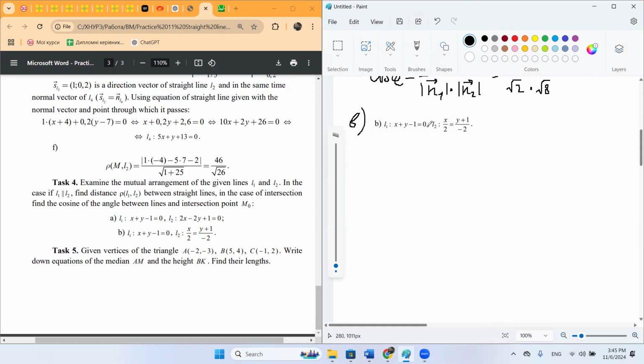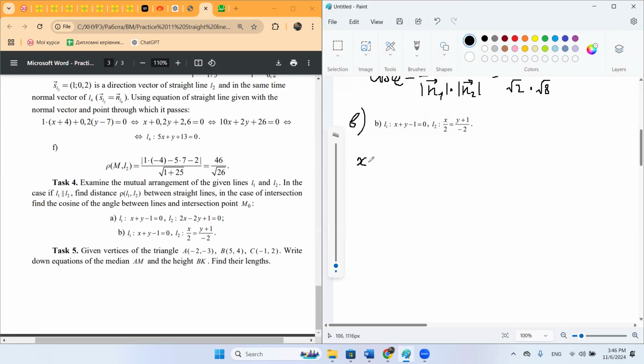So for L1 we have a general form, for L2 canonical form. To compare correctly, to check their arrangement correctly, we need to rewrite the equations. So let's transform the L2 equation to general form. I will multiply both parts by 2.